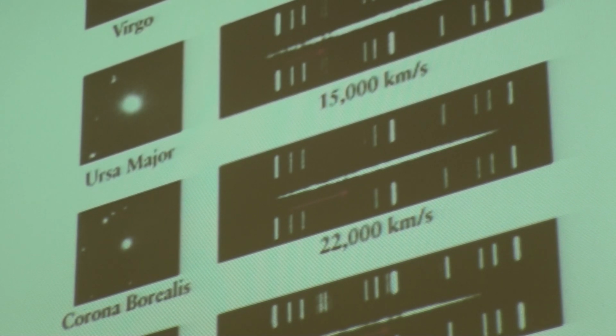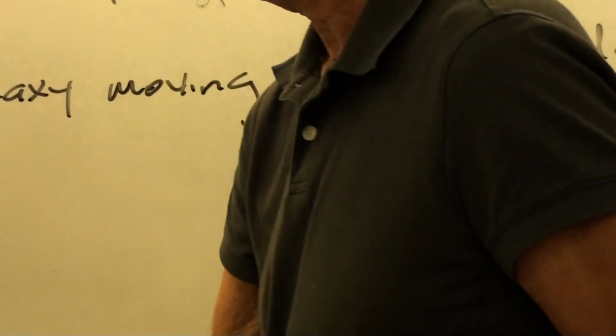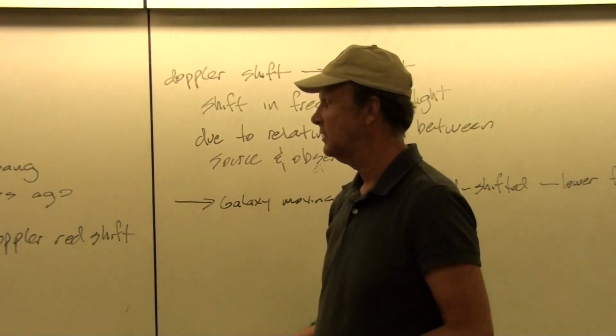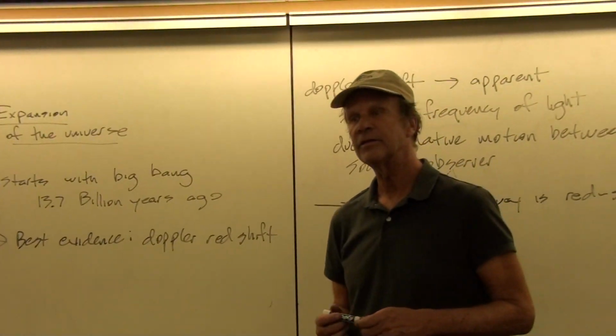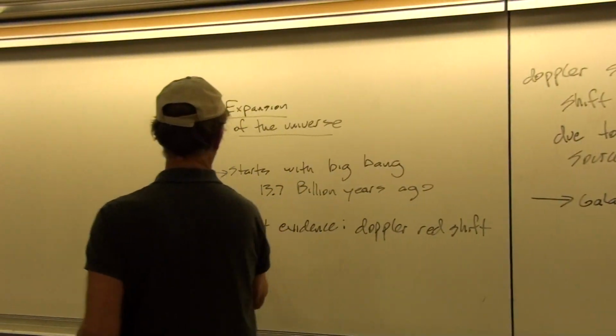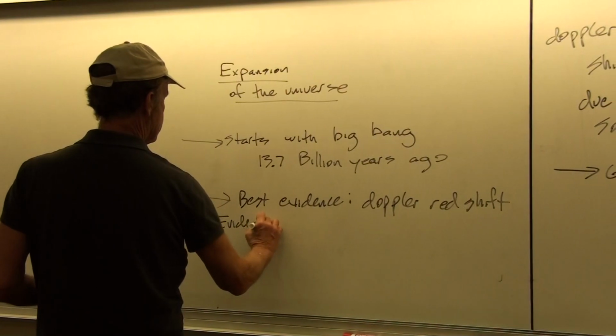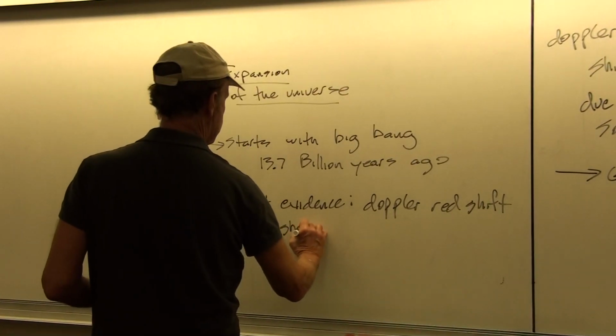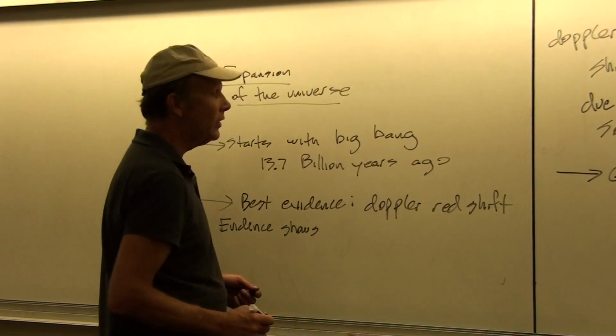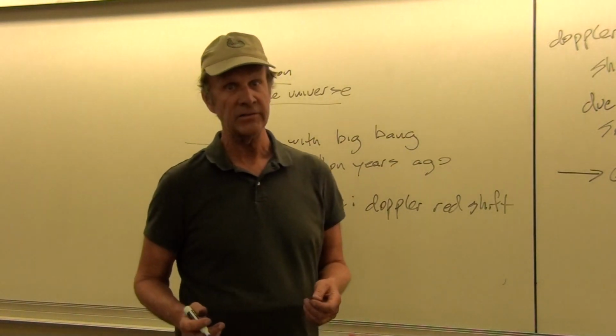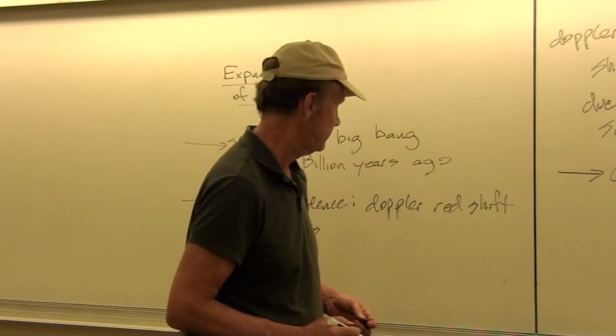And so not only can we tell that the universe is expanding because of the Doppler redshift, but we can also come up with another astonishing fact. The observational evidence shows that the farther away the galaxy is, the faster it's moving away from us.